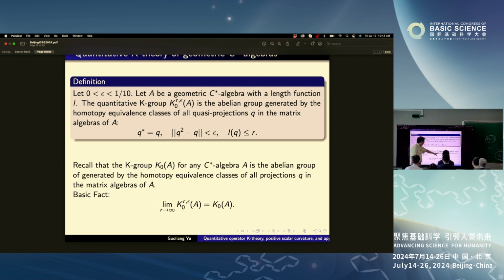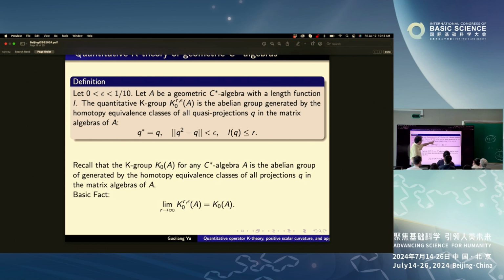K-theory uses the abelian group generated by all the projections. But in order to include the quantitative feature of the scalar curvature, like the lower bound, things like this, we would need to take advantage of the geometric structure of the algebra.